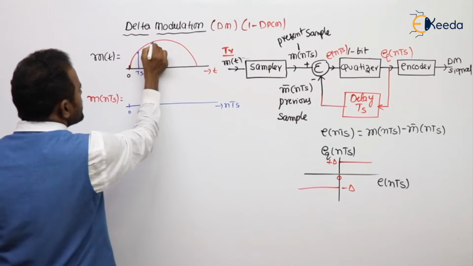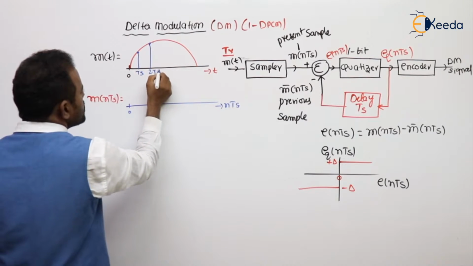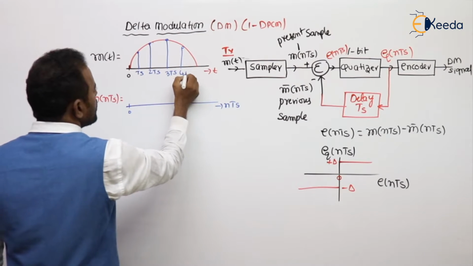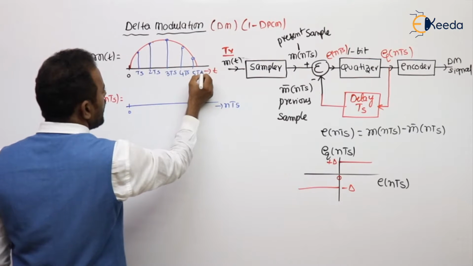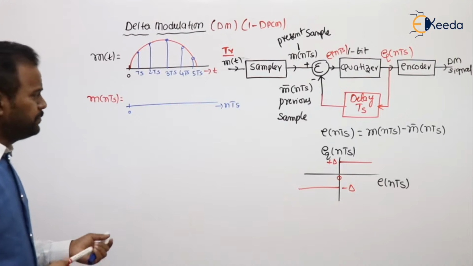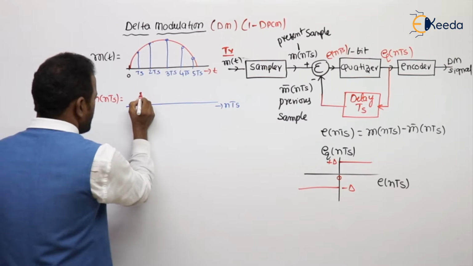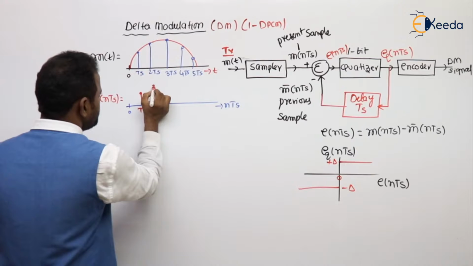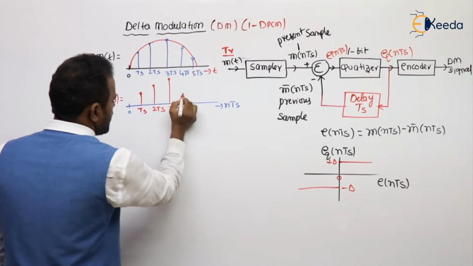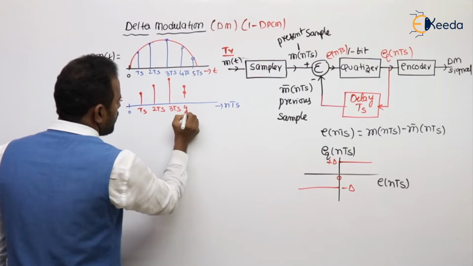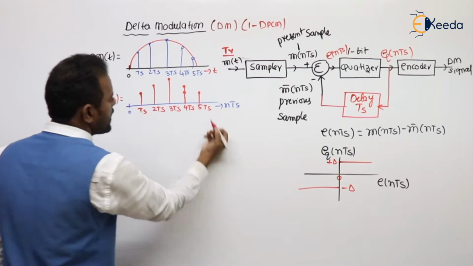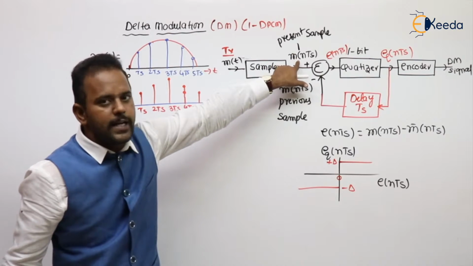This is Ts, this is 2Ts, this is 3Ts, 4Ts, and 5Ts. Those are the sampling instants. Now follow. At t equal to Ts, we got the first sample, 2Ts second sample, 3Ts third sample, 4Ts fourth sample, 5Ts fifth sample, like that m of nTs will come.